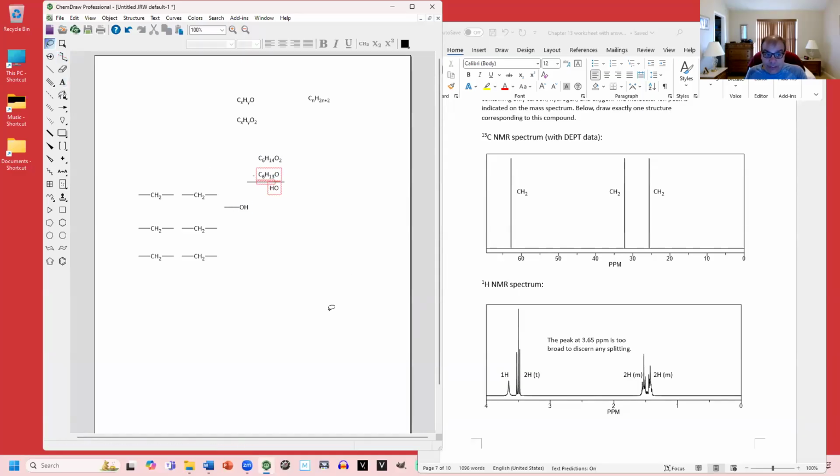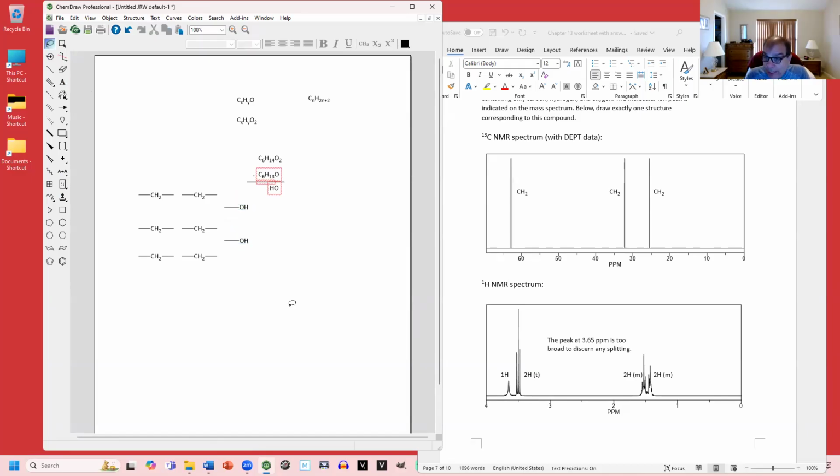When you subtract C6H13O, which is what we've accounted for, from C6H14O2, which is our formula, what's left is another OH group. So that means we don't have just one OH group, we have two OH groups that are equivalent.